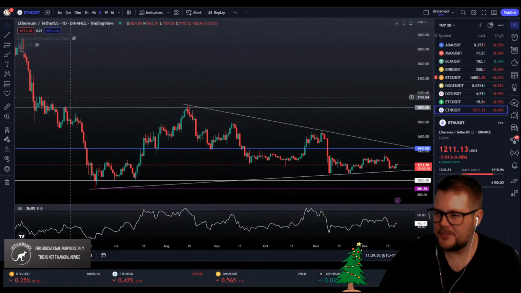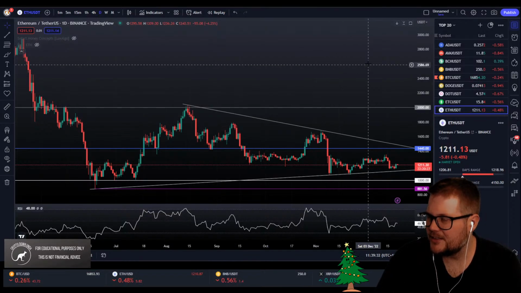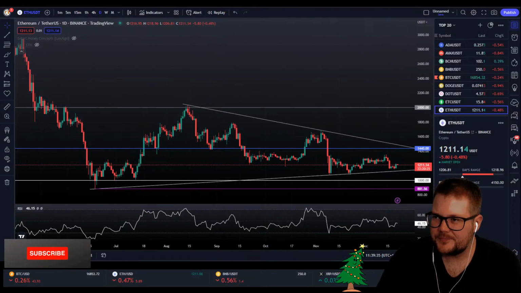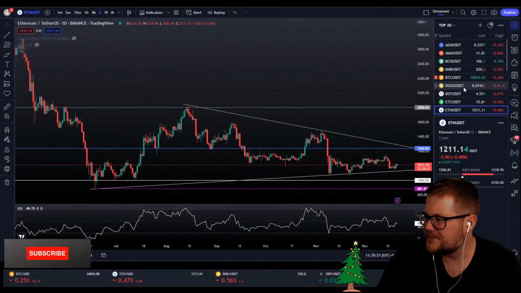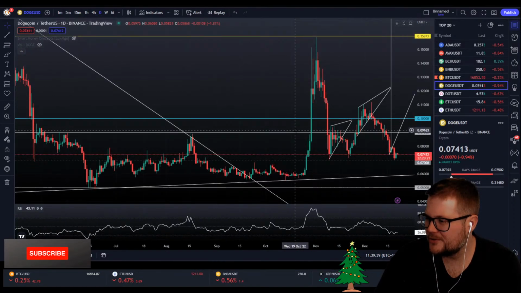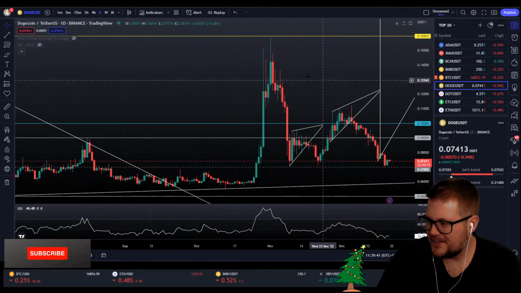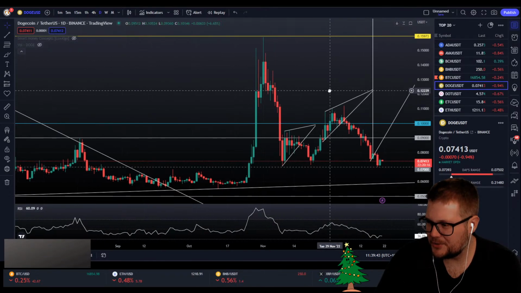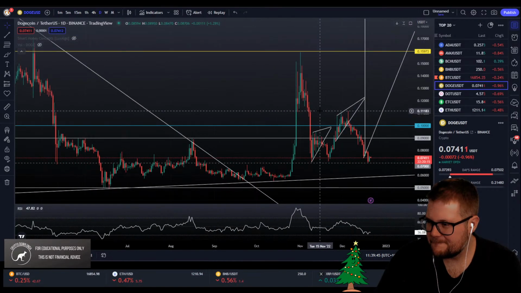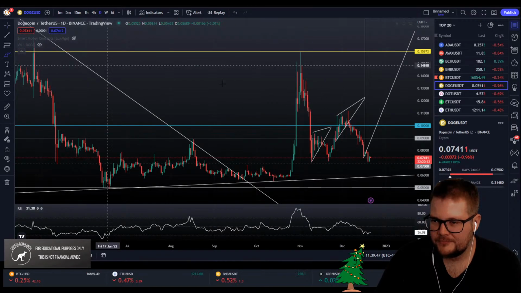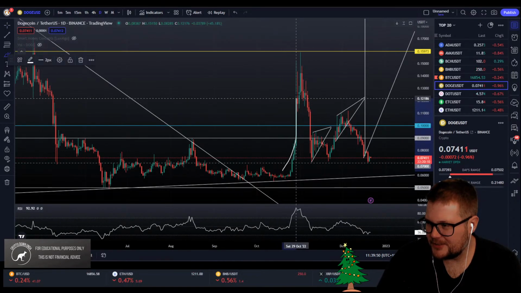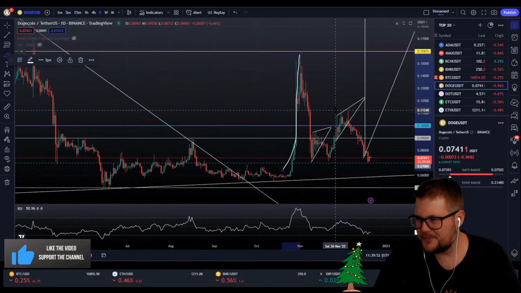So with all that being said, the next thing I might just have a quick look at is Dogecoin. Once again, it's a similar story, right? These rapid moves up are spectacular.